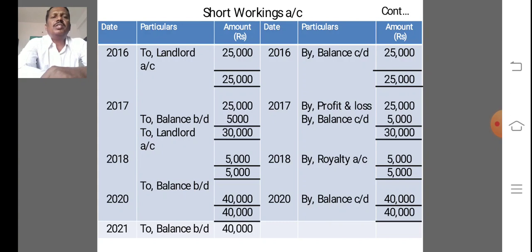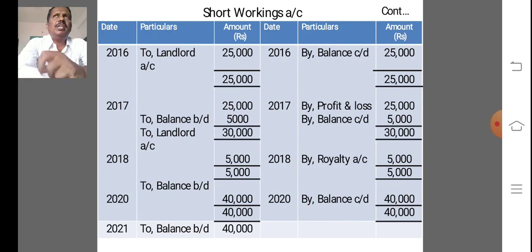In 2016, to landlord account 25,000, by balance carried down, balancing figure 25,000, is brought down in the next year 2017, to balance brought down 25,000, to landlord account 5,000, total debit side 30,000. Credit side, by profit and loss account 25,000, and by balance carried down 5,000.